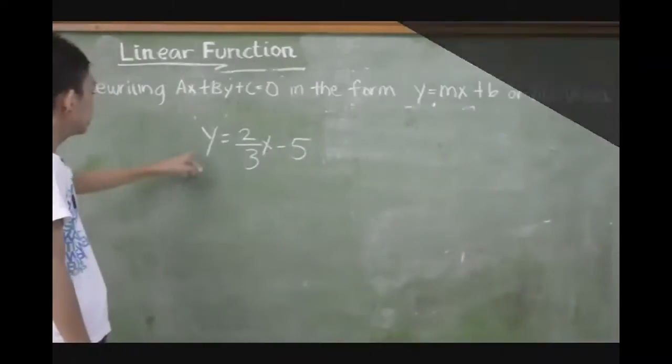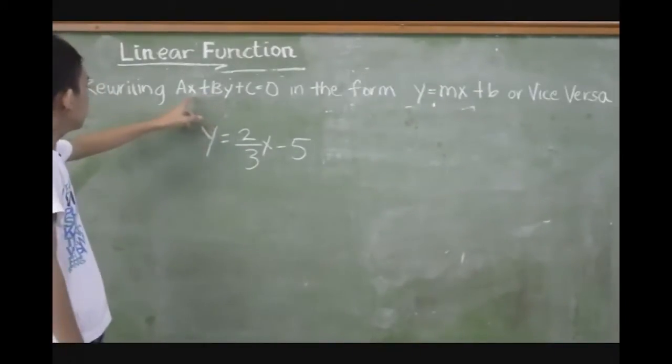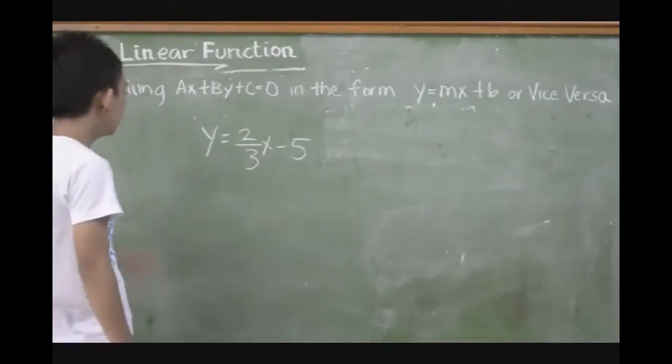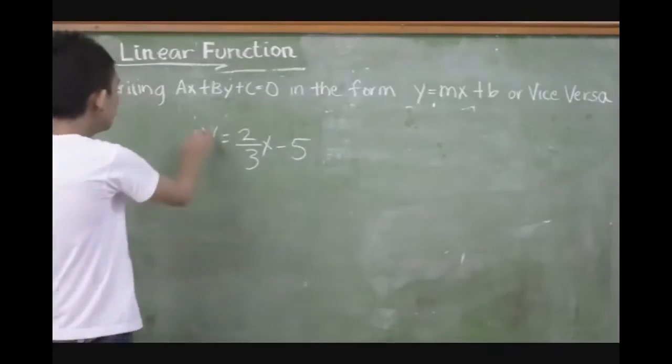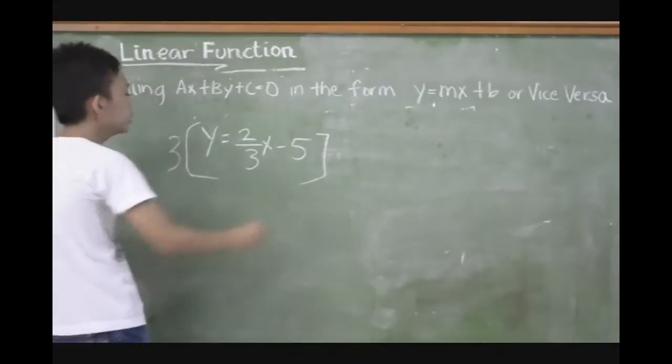Tagal niyo. This form is in y form, so I will transform this into the standard form ax plus by plus c equals 0. In order to transform this into the standard form, I will multiply by their LCD, which is 3.